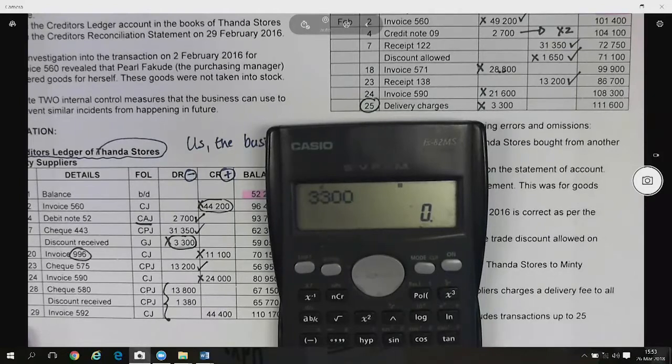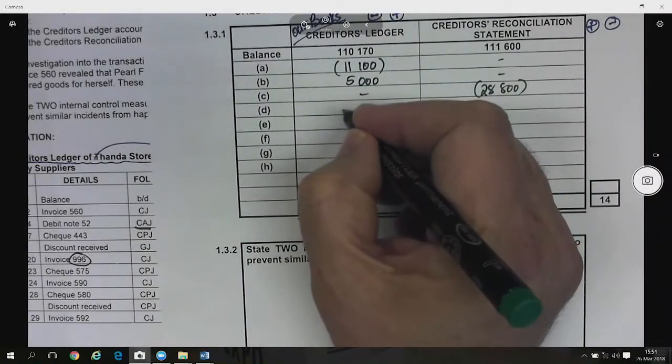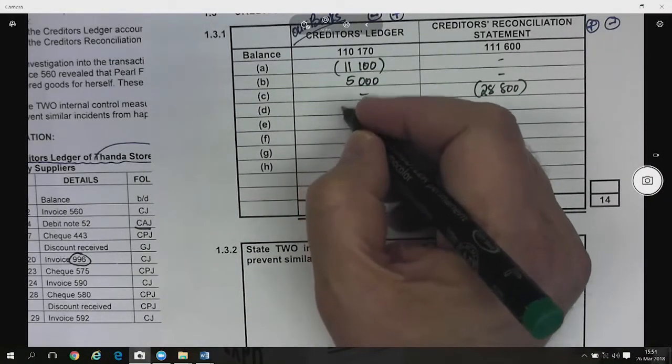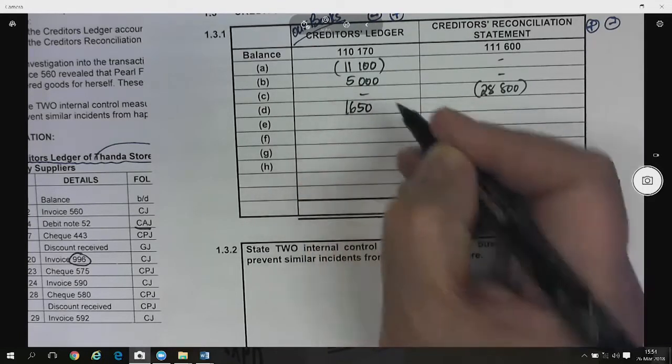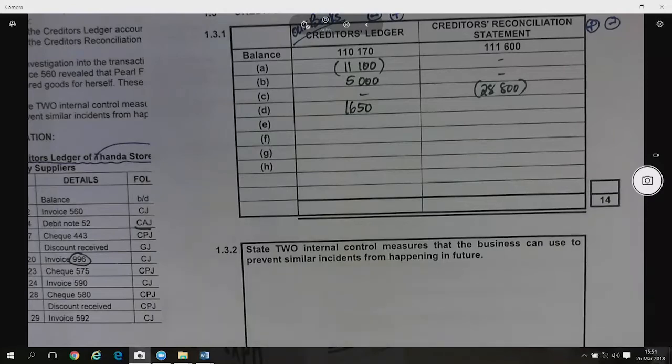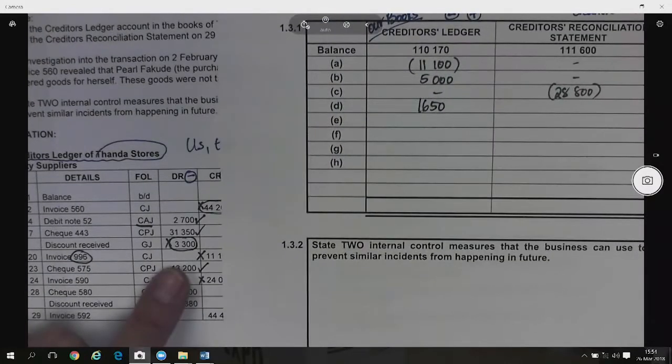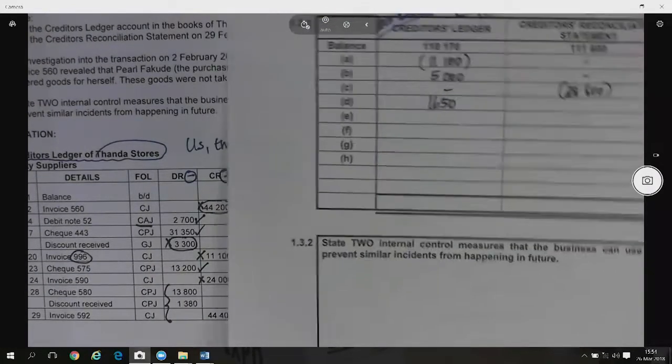The correct amount is 1650. And because we minus too much, we must add the 1650 in our books. 1650, for number D. Remember, I know it's discount, but remember our discount was too much. That's why we must add it there.